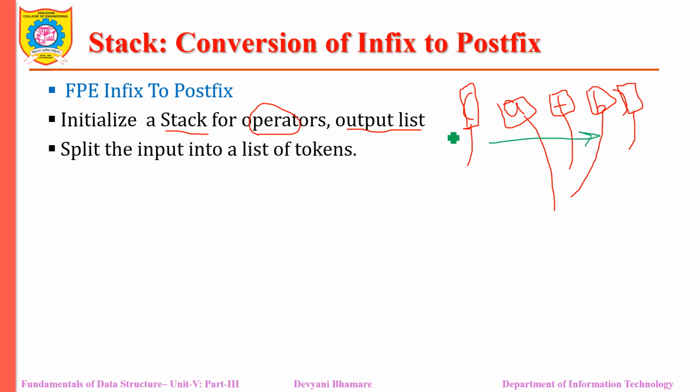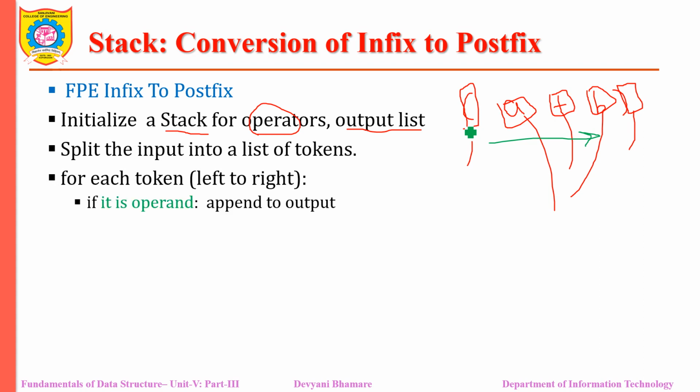Then what type of token are we getting? Accordingly, we perform some operations. Let's see what those operations are. We have to read the token from left to right. If it is an operand, meaning E or B, then E and B will be directly copied into our output list.